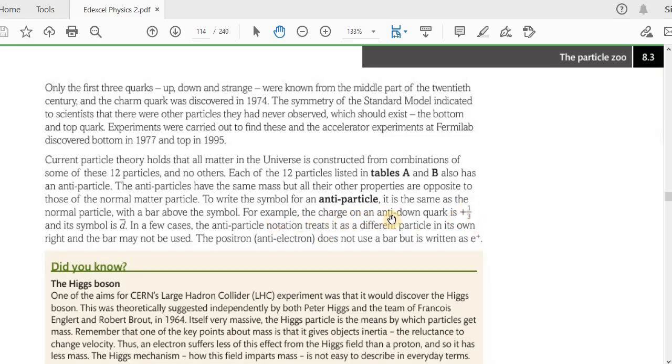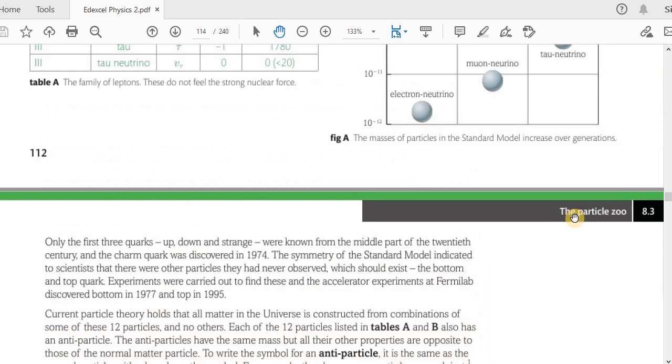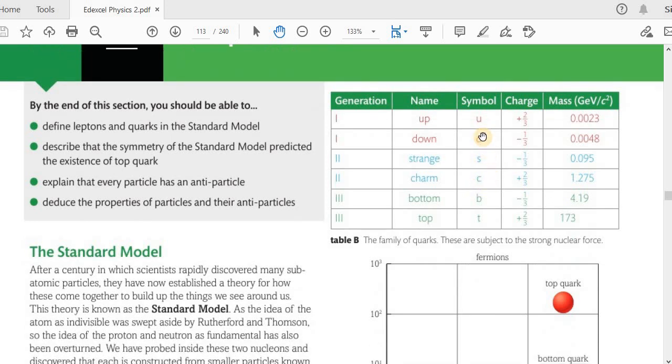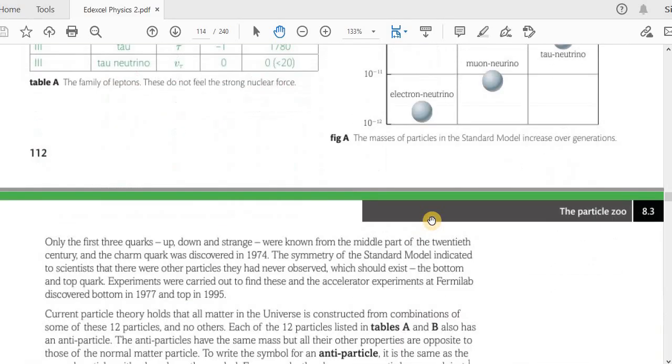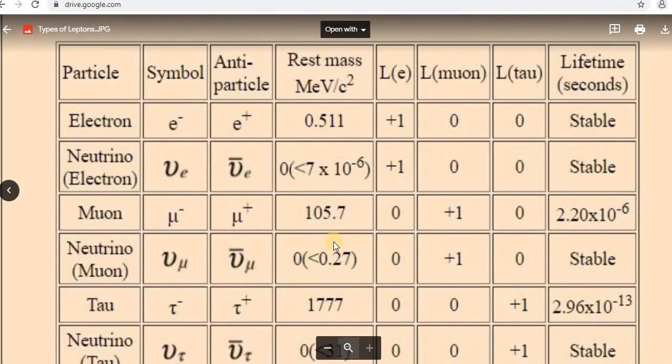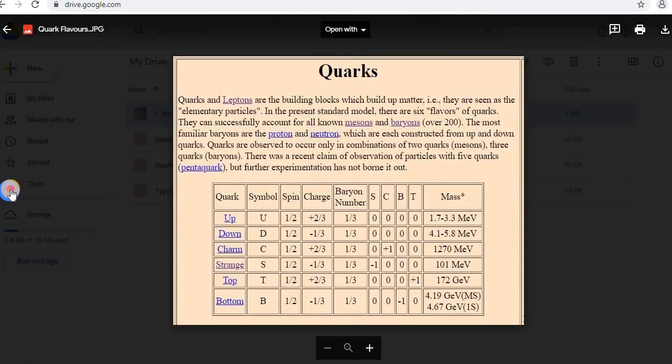For example, the charge on an anti-down quark is plus 1 over 3, and the symbol is d with the bar on top. Now remember, the symbol d, either capital or simple, was used, but it is better to use simple letters for all of them. We use the letter d for the down quark, and if you want to write the anti-down quark, we use the d with a bar on top, this one.